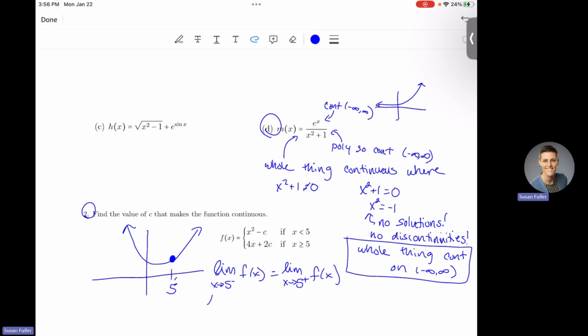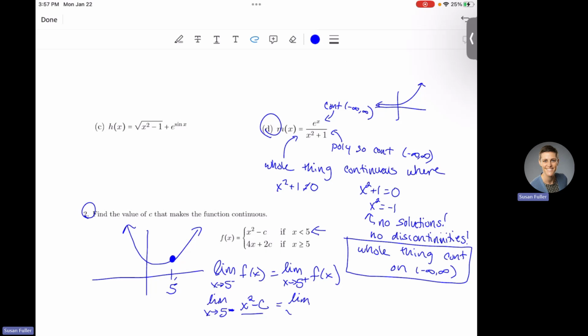Okay, well, if I'm going to take the limit as x approaches 5 from the left of this function, if I'm to the left of 5, then I'm at places where our x values are a little bit less than 5. That means I'm in here, which means my piecewise function is going to look like x squared minus c. So if I'm going to find the limit as x approaches 5 from the left, I'm going to use this function.